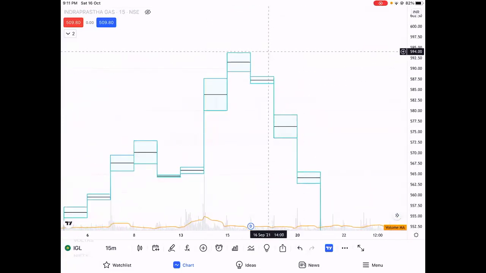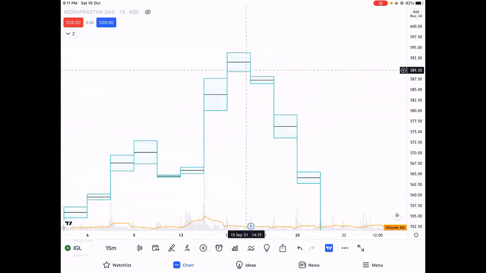So ultimately, on 16th of September, I know that unless and until this particular point, 595 as a round number, or let's keep the round number as 600, 595 to 600, is taken out, then we might reverse. Why? Because this is indicating the start of a reversal, not the entire reversal.